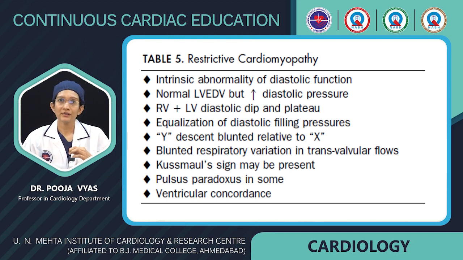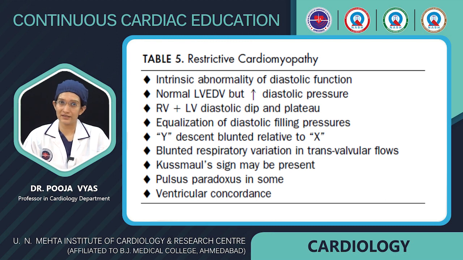So there will be normal end-diastolic volume, but the diastolic pressure will be high, and there will be a dip and plateau type of diastolic waveform, and equalization of the diastolic filling pressures in all chambers. The Y descent will be blunted relative to the X, and there will be blunted respiratory variation in transvalvular flows. We discussed this in echocardiography also, that there will be blunted respiratory variation in transvalvular flows.